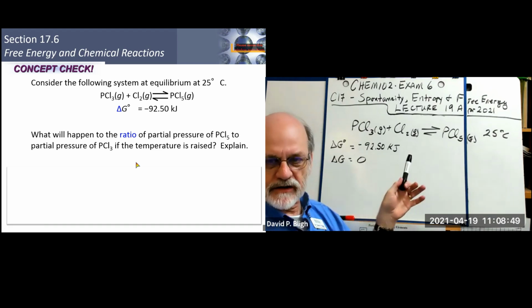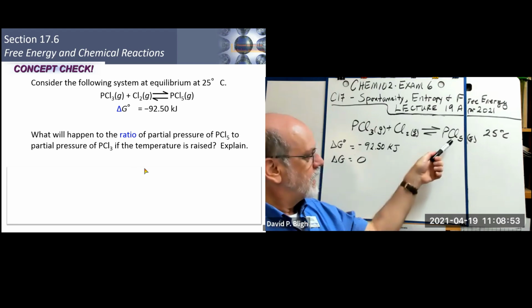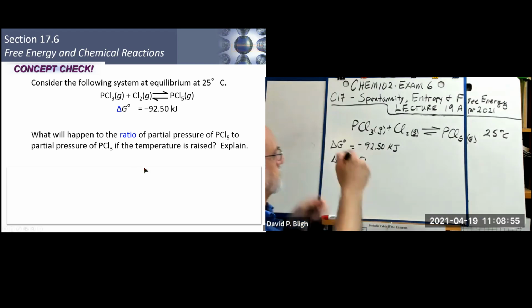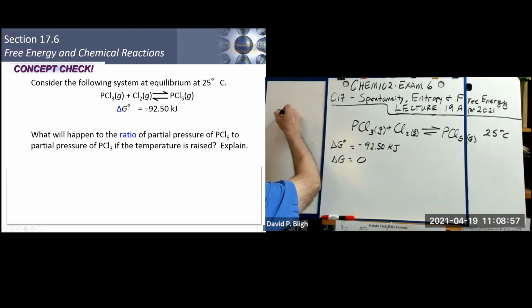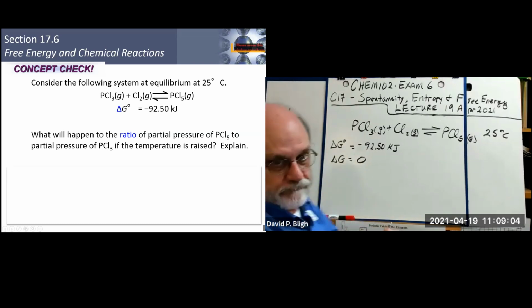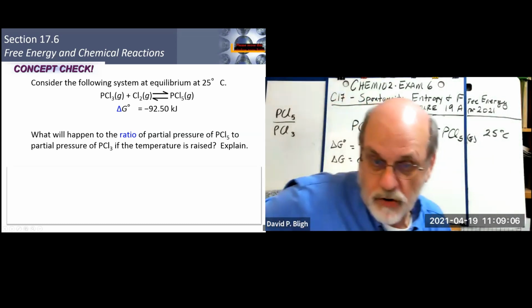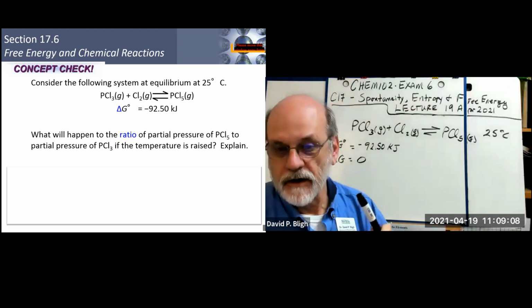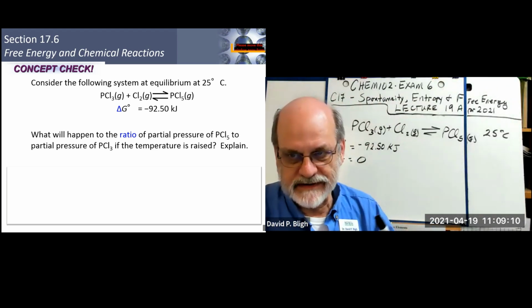So under these conditions, we're interested in what's going to happen to the ratio of this one to that one. What about this ratio right here? We want to know, is that going to go up or go down if the temperature is increased?